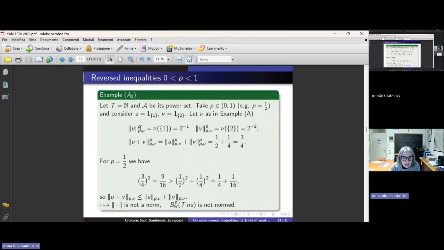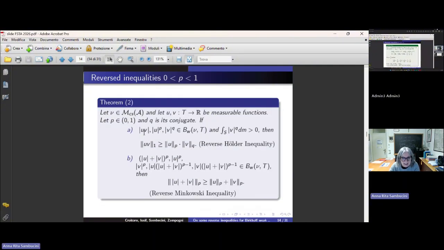The failure of the Minkowski inequality is a consequence of the fact that when p belongs to (0,1), the map that sends t to its p power is concave, and what we are able to prove is that the Minkowski inequality reverts its direction under suitable assumptions. Therefore, the usual subadditivity fails and is replaced by superadditivity.